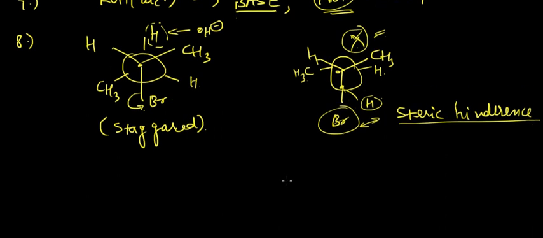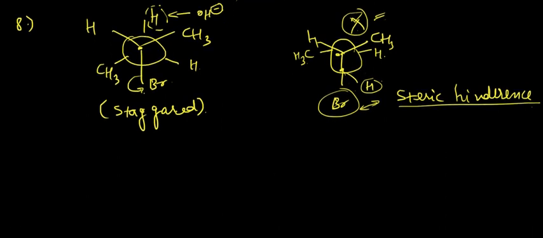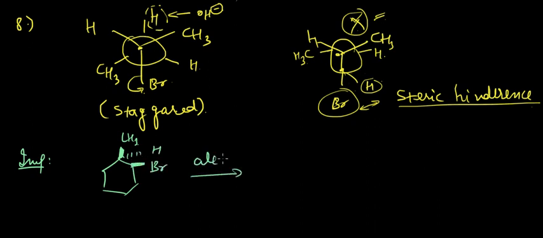Now let's talk about some examples. These examples are important. Suppose we have something like this. We are already given that CH3 is out of the plane, H is going inside the plane, and Br is coming out of the plane. Then we react it with alcoholic KOH and we would have the rate R1.